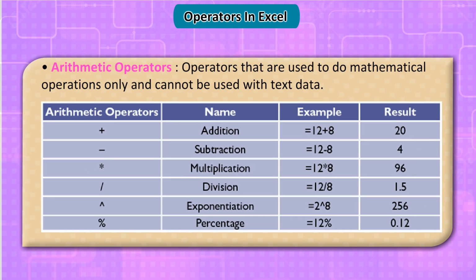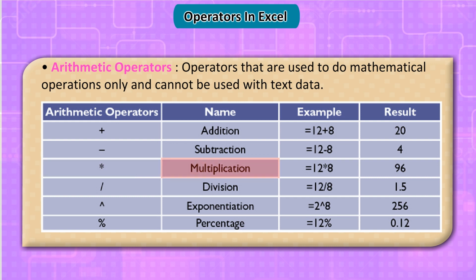Arithmetic operators. Operators that are used to do mathematical operations only and cannot be used with text data. Arithmetic operators. Name, example, result. Addition: equals 12 plus 8, result 20. Subtraction: equals 12 minus 8, result 4.